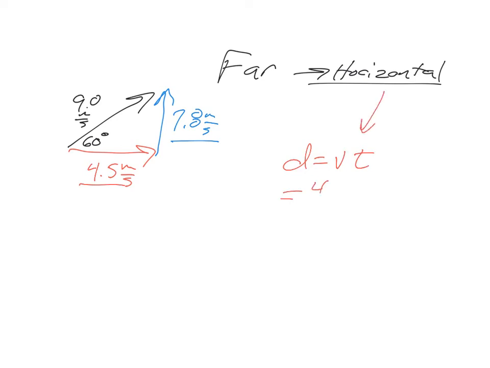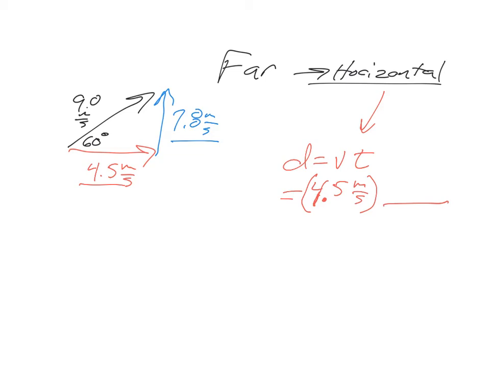My velocity is 4.5 meters per second. And I need to times that by time. The time, I need a horizontal time, so I need to steal it from the vertical.